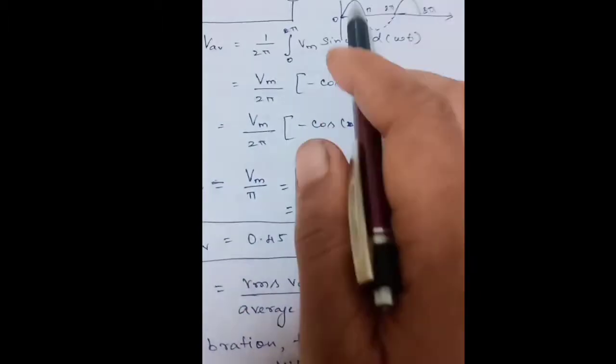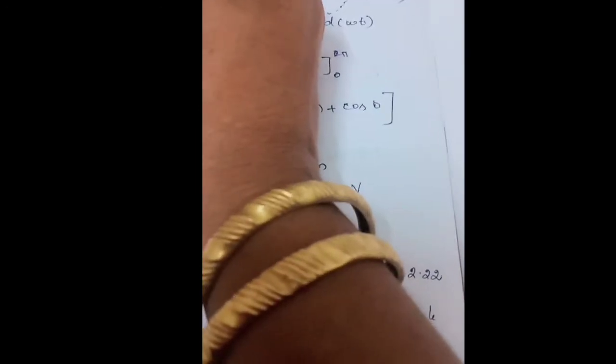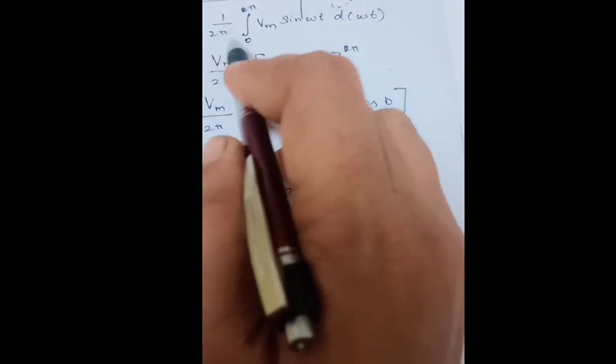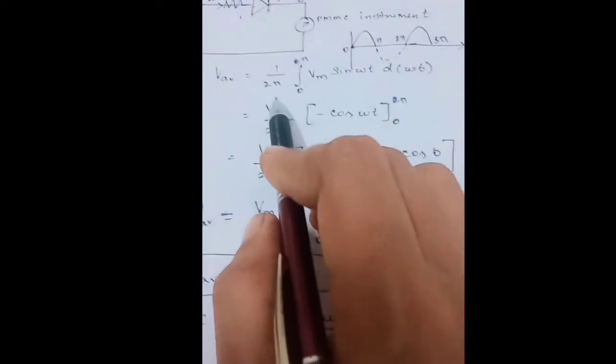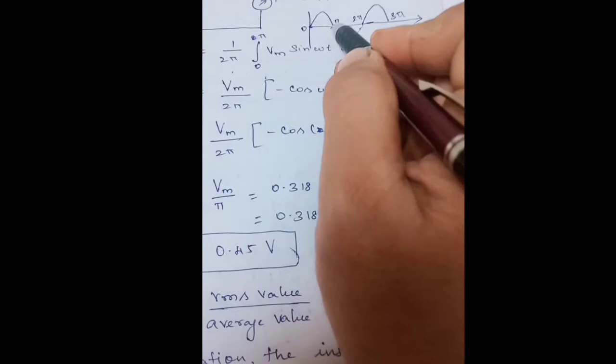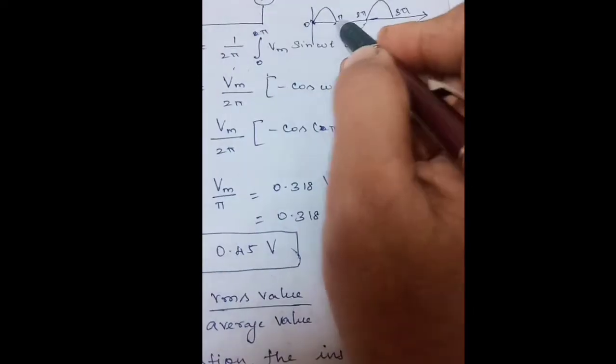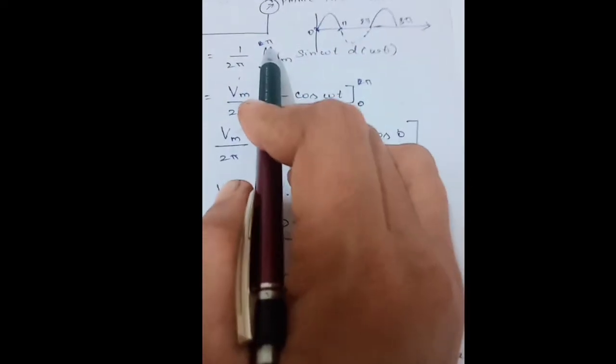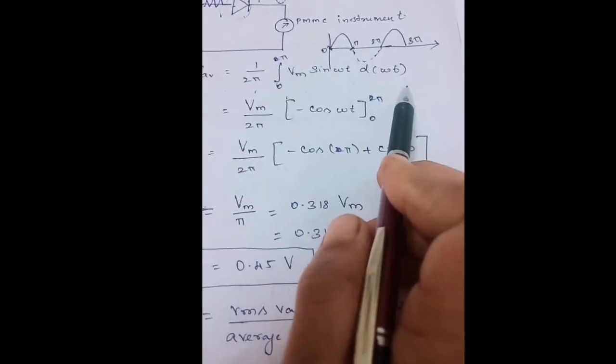Since the entire input period is from 0 to 2 pi, we are going to integrate 1 by 2 pi integral 0 to pi. Since we have output only from 0 to pi, we are integrating only from 0 to pi, Vm sin omega t d of omega t.